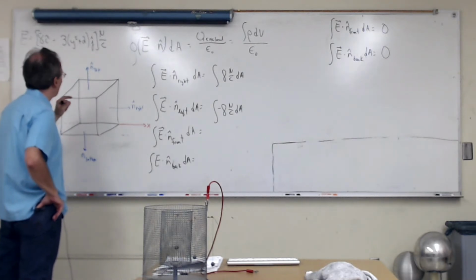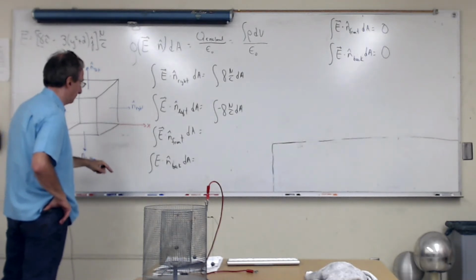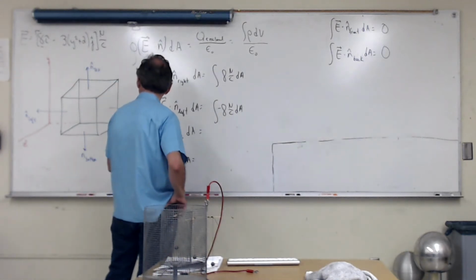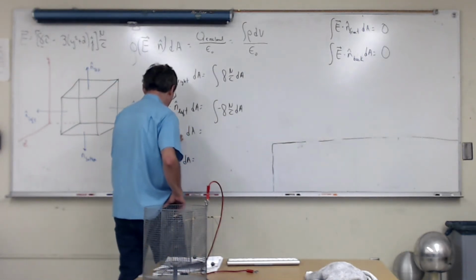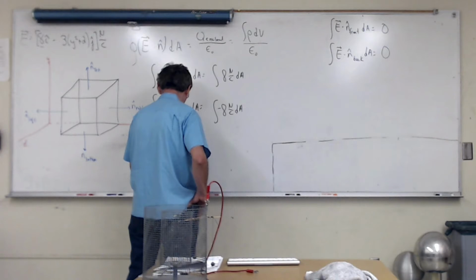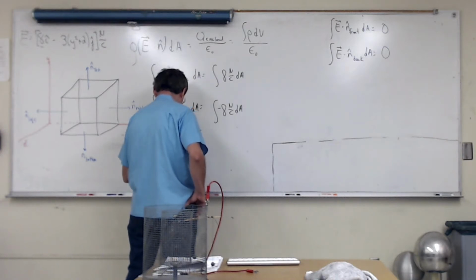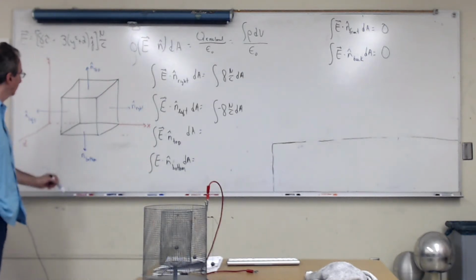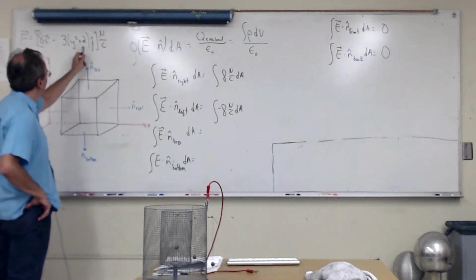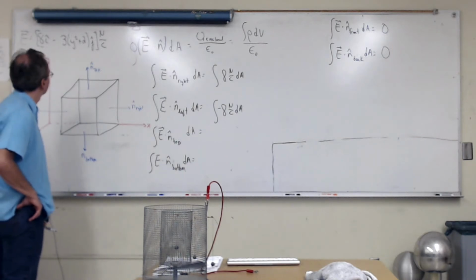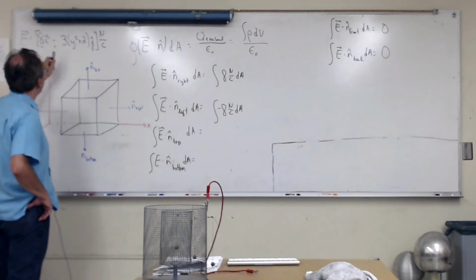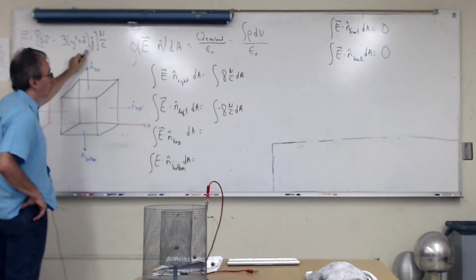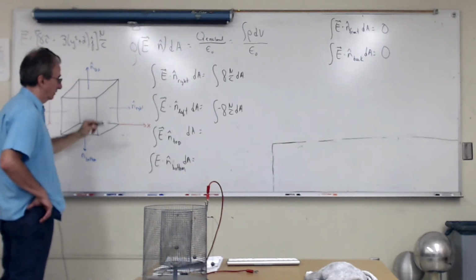Okay, so let's do the front. I did this twice. Let's do the top and the bottom. The top points in the j hat direction. So j hat dot i hat is 0, but j hat dot j hat is 1 times this stuff.